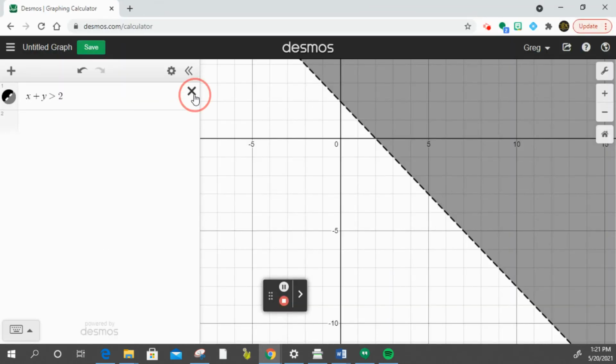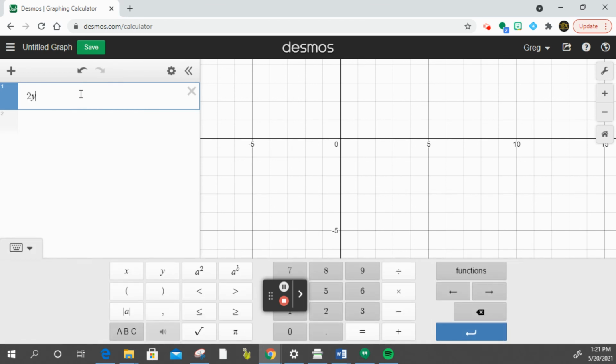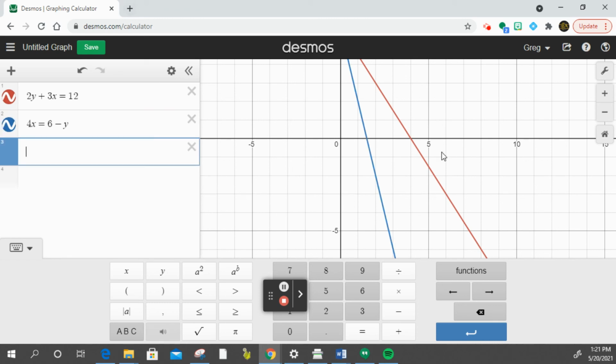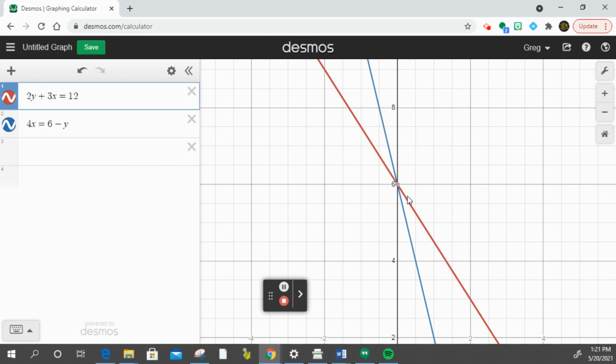Let's go ahead and clear out our previous stuff. Our first problem is 2y plus 3x equals 12. And our next guy is 4x equals 6 minus y. Figure out where they cross. Click it. Boom. There's our answer, 0, 6.